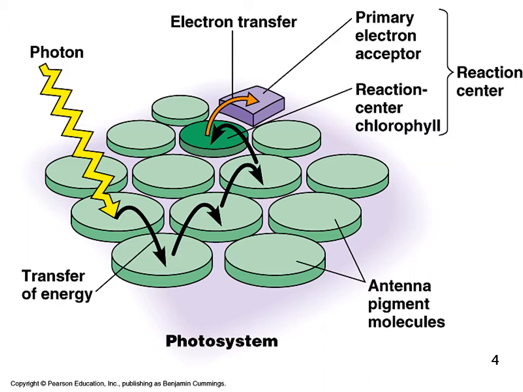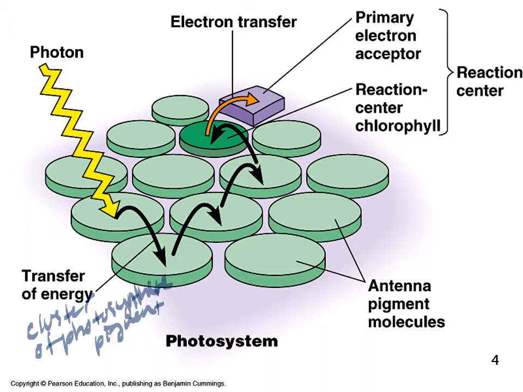A photosystem is a cluster of photosynthetic pigments that acts like a light gathering antenna complex, consisting of a few hundred chlorophyll A, chlorophyll B, and carotenoid molecules. And the light-dependent reaction involves two photosystems.